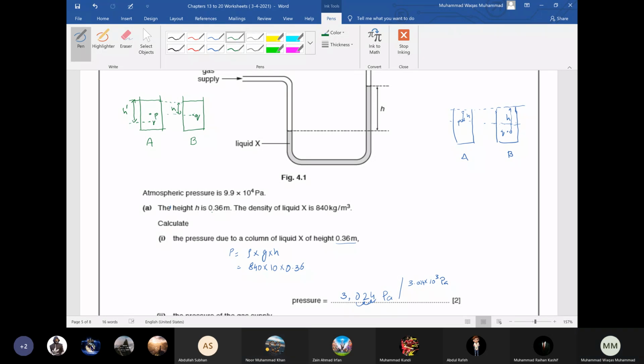See, this H is the pressure difference, and we calculated the pressure difference as 3024. The pressure difference is the same, because gas pressure is the same and atmospheric pressure is the same. Now we are using a more dense liquid, so the H will decrease.